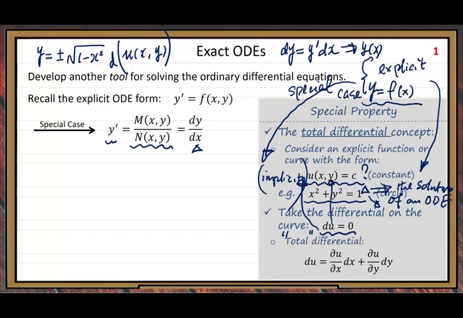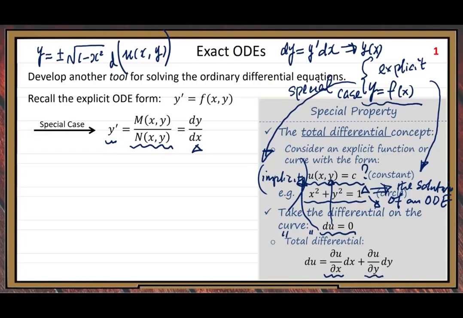But this time, u is a function of two variables, x and y. So when you take a differential, you need to use special derivatives. We call them partial derivatives. Here we need to introduce the partial derivative. Look at the special notation.